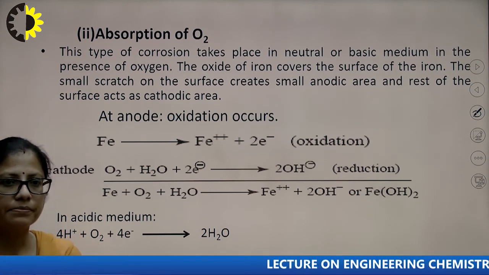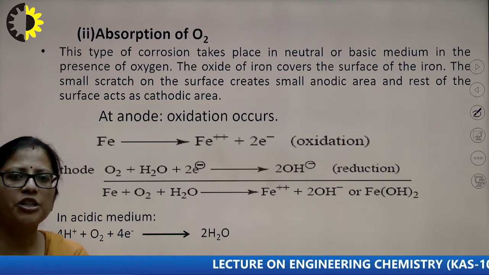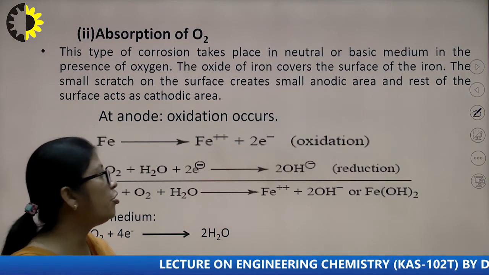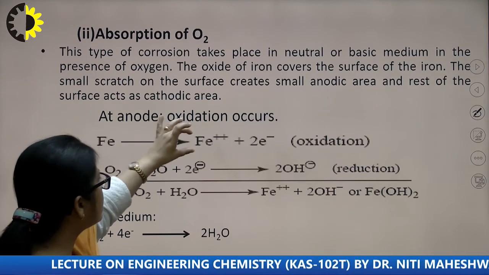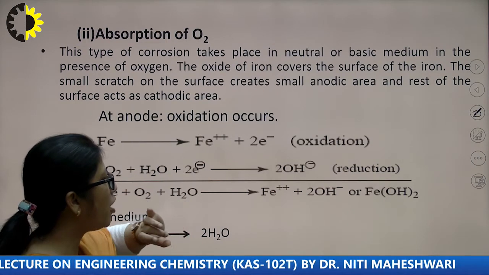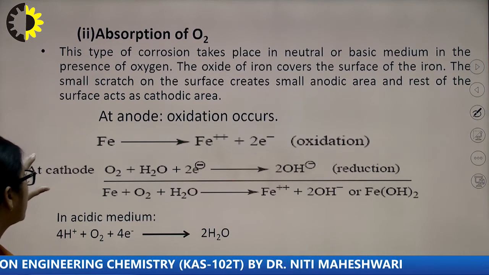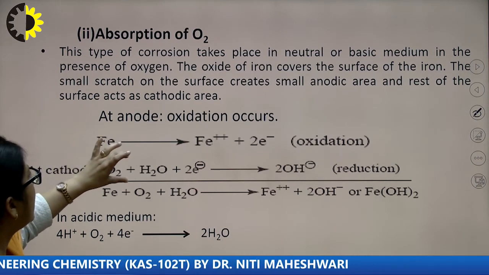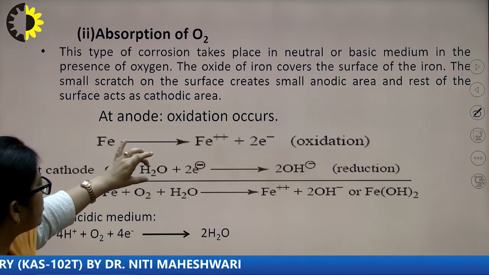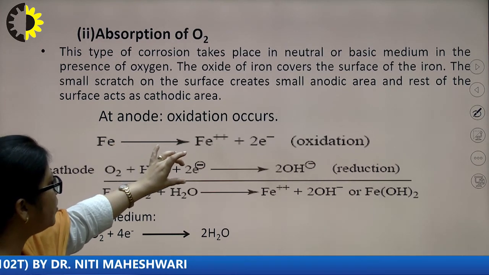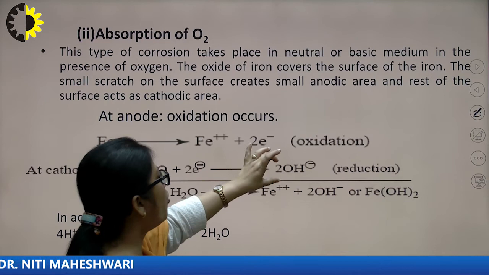So, here again the anodic reaction is the same, which is the dissolution of the metal, that is, oxidation occurs. So, iron is going to release Fe2+ plus 2 electrons, and in neutral or alkaline medium, oxygen in the presence of moisture is going to accept the 2 electrons to form 2 OH minus.